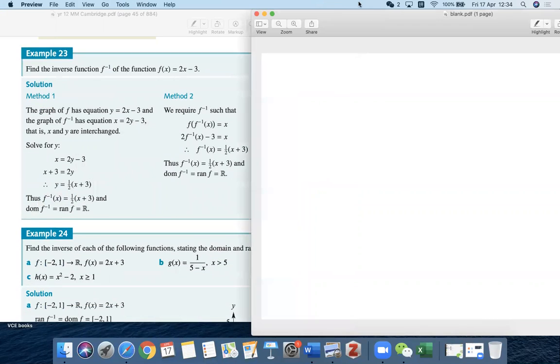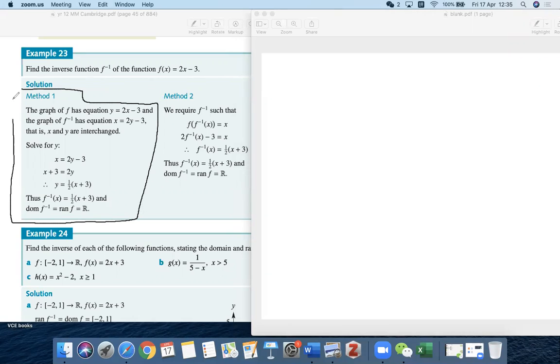Now, how do we really solve inverse functions? My suggestion is to just use method 1, which is easier to understand. The first step is to switch between x and y.